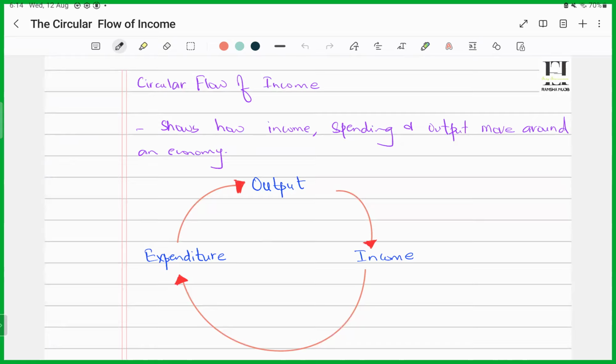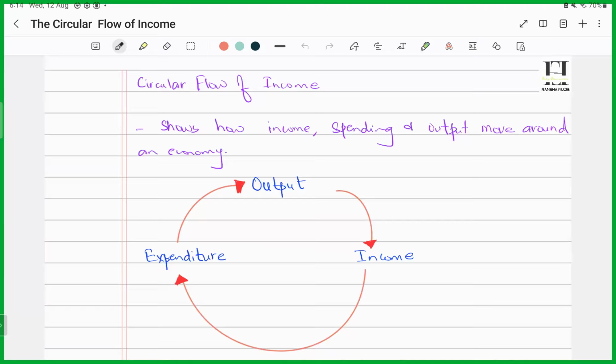So if you look at the situation, output is produced by firms. That output generates incomes, and then we use that income to further spend on goods and services, right? So this circular flow keeps on moving. The model helps us understand how output generates incomes, which is then spent on the output again.